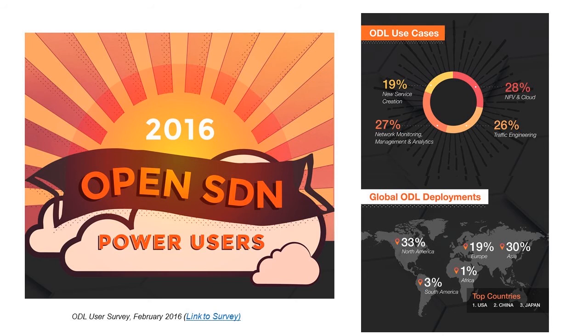Specifically, we want to talk about how OpenDaylight is being used, because a lot of the biggest changes between Lithium and Beryllium have been less about the technical advances we've made, although there's quite a bit of that and I will talk to it, and more about the shift from OpenDaylight being a tool for proofs of concept and research deployments into something that is actively running in production and being used to solve real problems for real customers and real users.